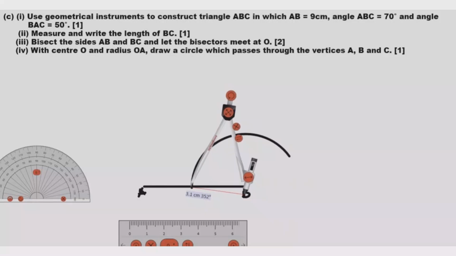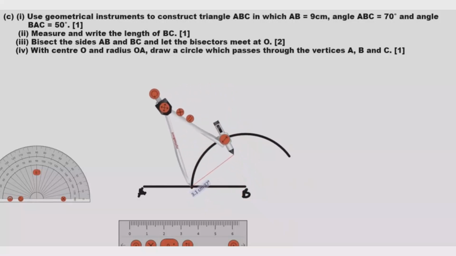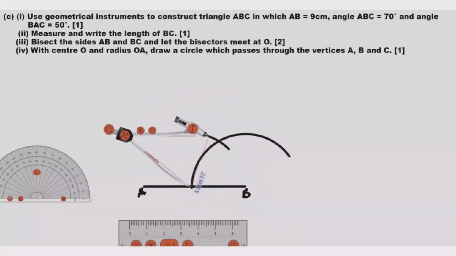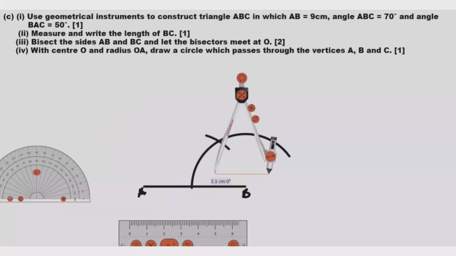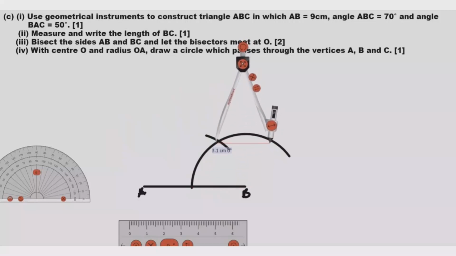Then I'm going to draw the arc here. So basically what I'm going to do first is make 90 degrees first. Once I've drawn the arc there, I'm going to carry this compass, put it again here, and then draw the arc again here.